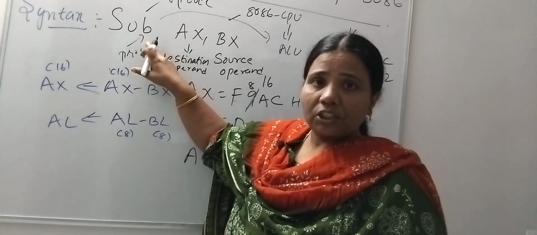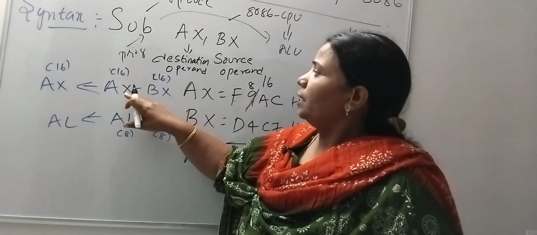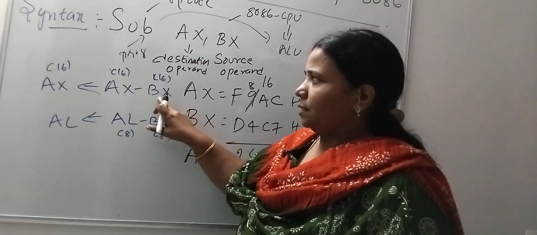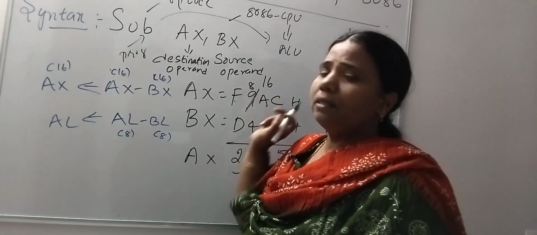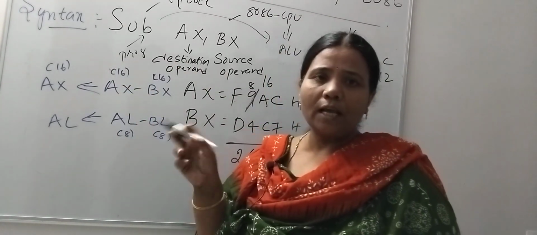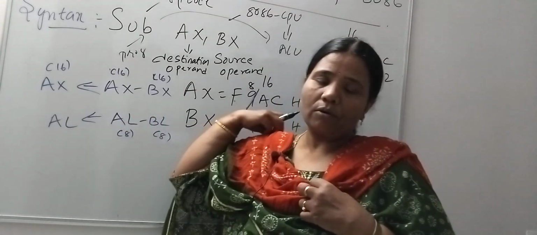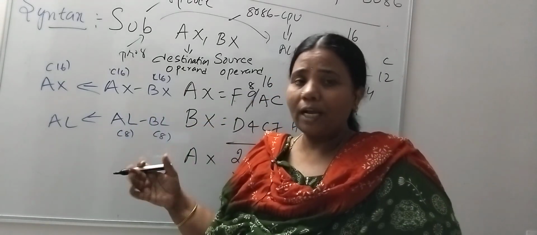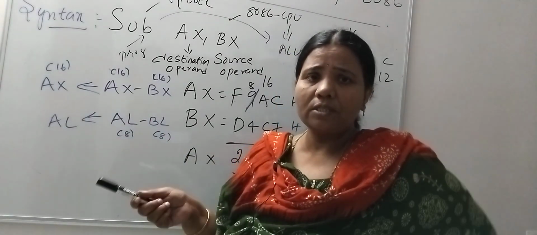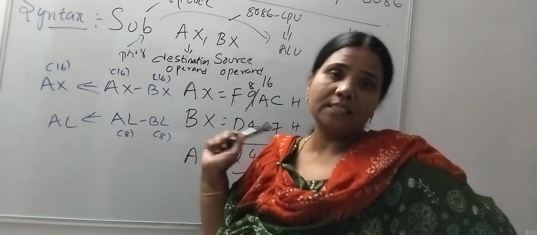Once this instruction is executed by the CPU, the content of AX will be subtracted by BX, that is destination minus source operand, and the result is stored in AX. Already most of you know that AX and BX are general purpose registers present in the 8086 and capable of storing 16-bit data.